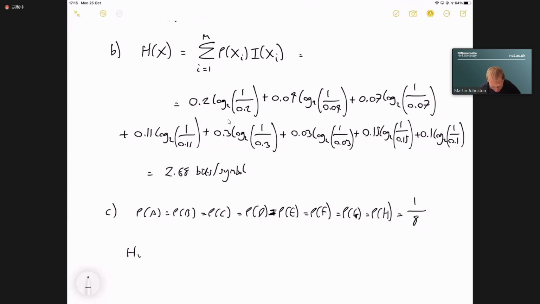So if we calculate the entropy in that case, with 8 symbols and the probability fixed at 1 over 8 for all symbols, the information content of each symbol is also fixed: log of 1 over 1 over 8.